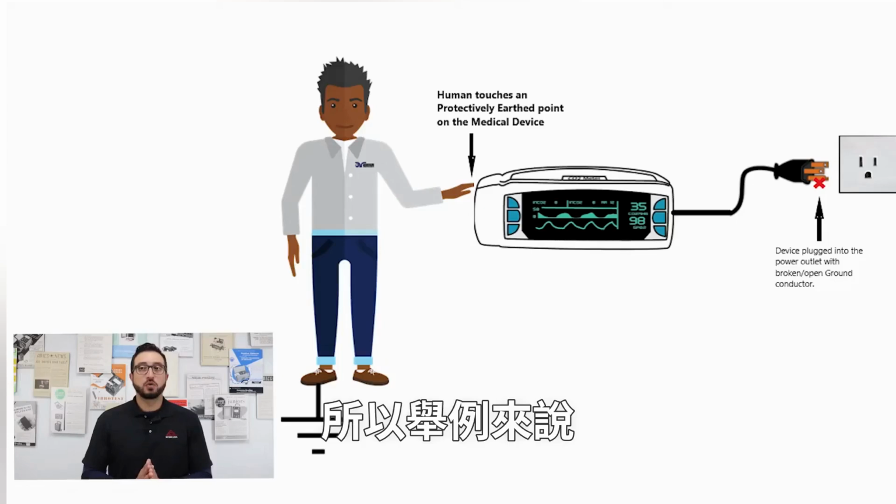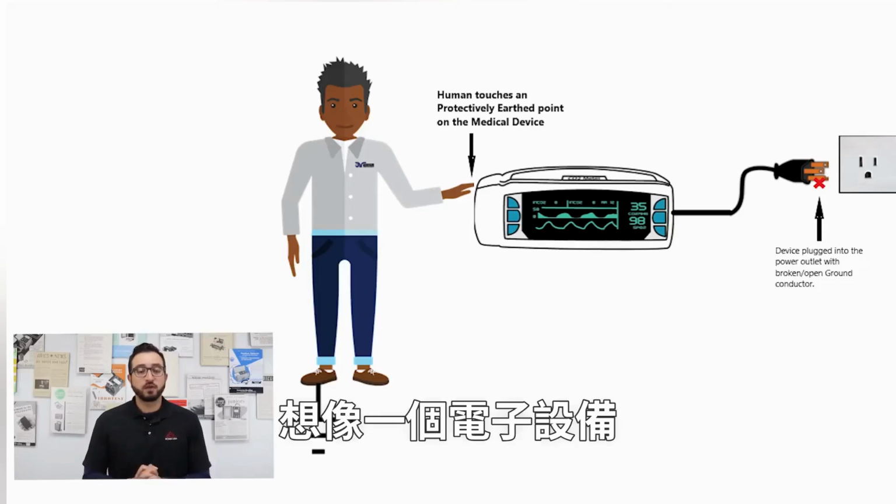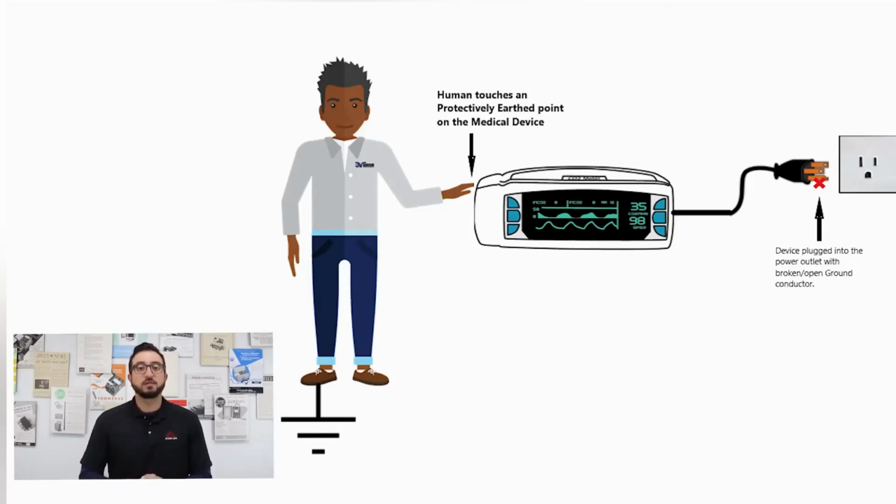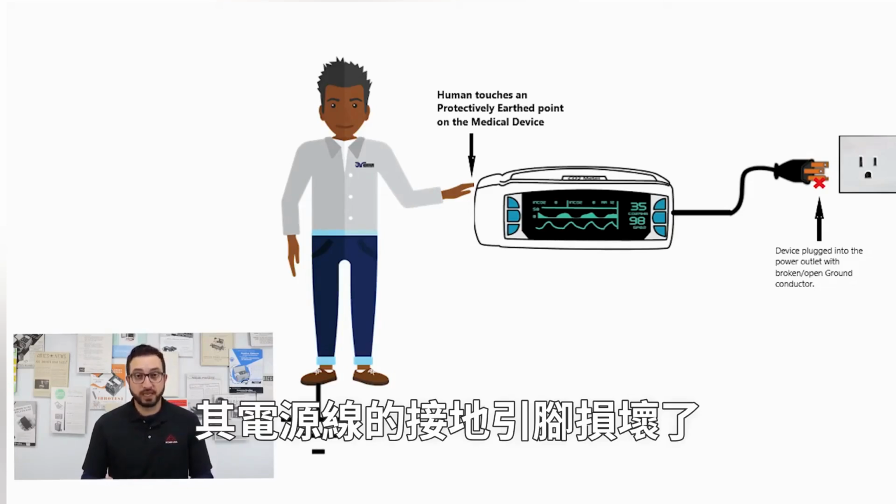So the earth leakage test is performed on devices to measure the leakage current that will flow from the mains current carrying conductors of the device, the lines and the neutrals, through and across the insulation to all protectively earthed parts of the product while the device is powered on under normal and single fault conditions. For example, think of an electronic device which has a broken ground pin on its line cord.